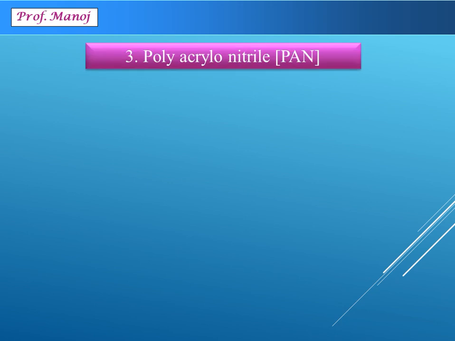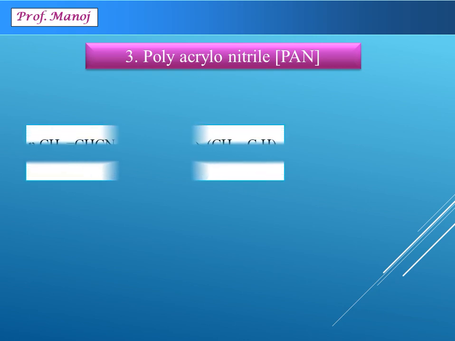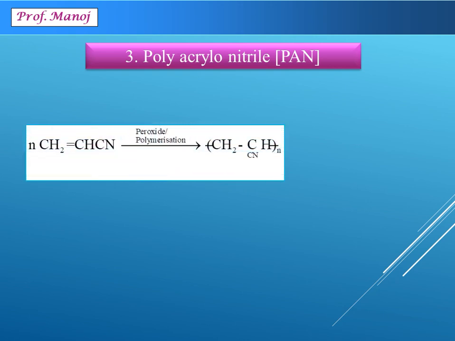The third addition polymer is polyacrylonitrile, abbreviated as PAN. The starting material for this polymer is acrylonitrile. Chemical name is vinyl cyanide. Vinyl is CH2 double bond CH.